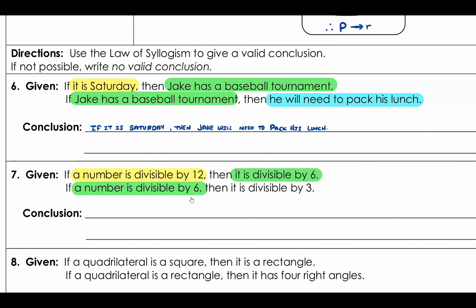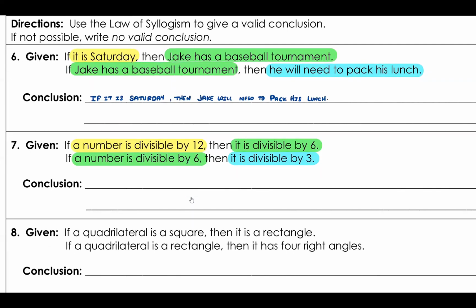And then what's our final conclusion? It is divisible by 3. You're good. Do our initial conclusion and our second hypothesis match? Are they saying the same thing? Yes. So we can write a new conditional statement, essentially pulling out the middle part, because that's going to be true.